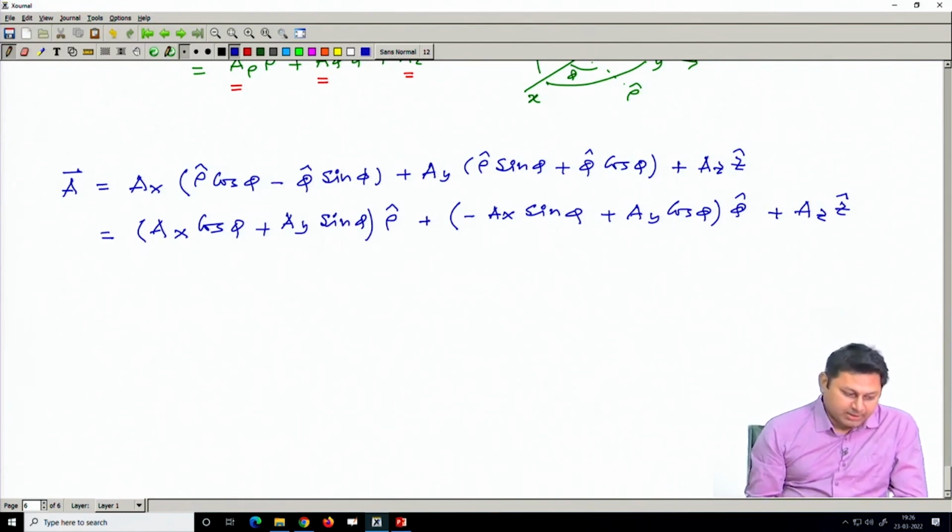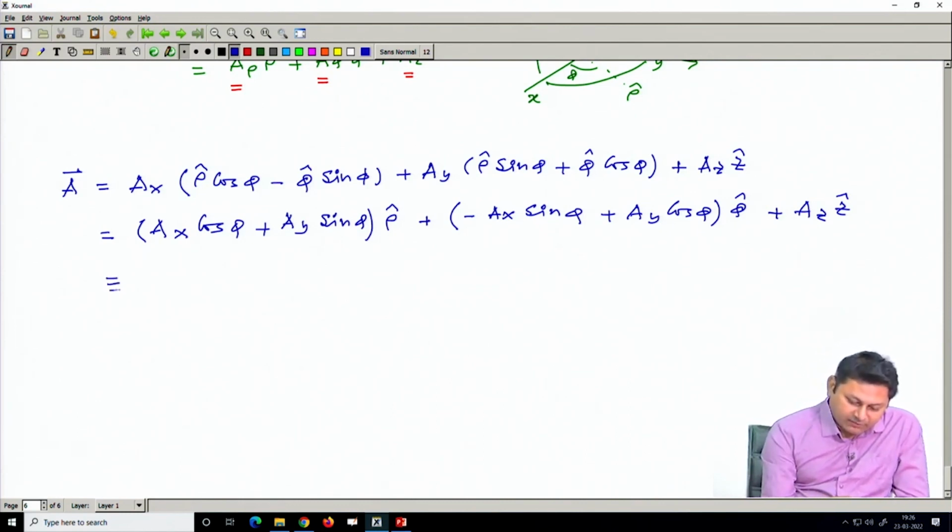Now whatever I have is equivalent to A rho rho unit vector plus A phi phi unit vector plus A z z unit vector.